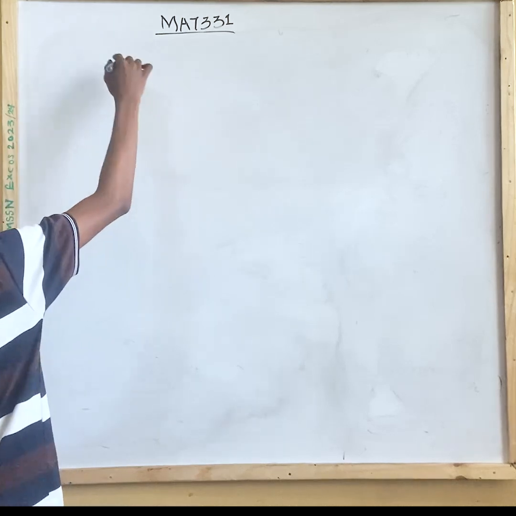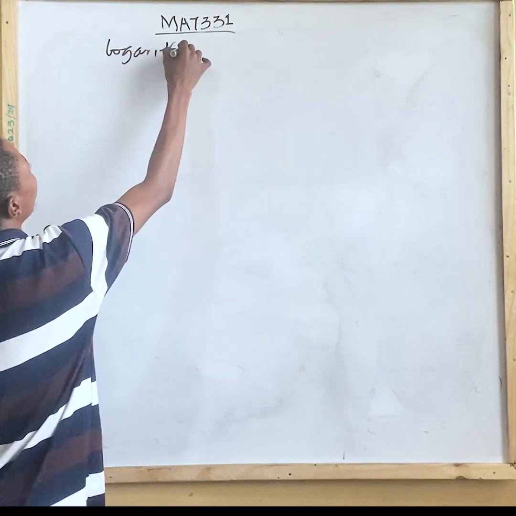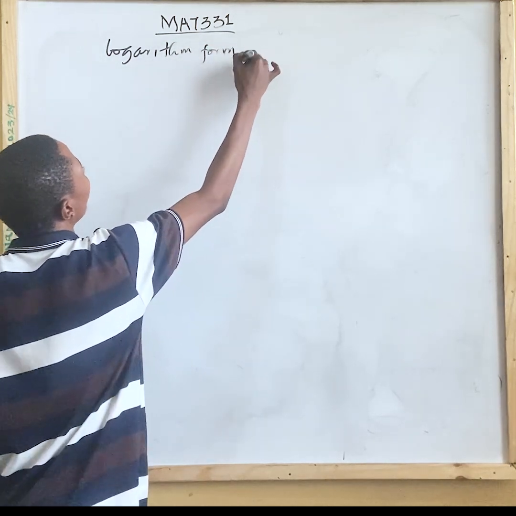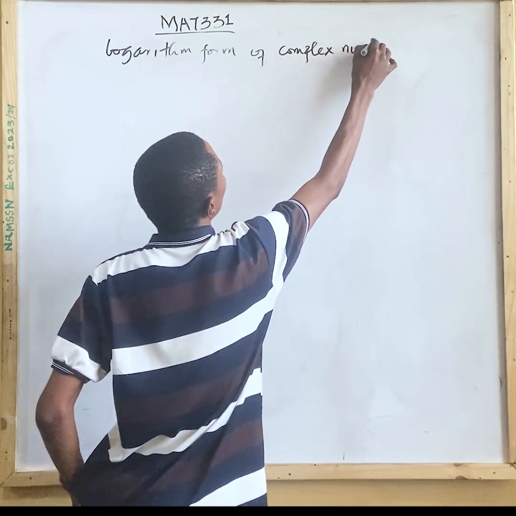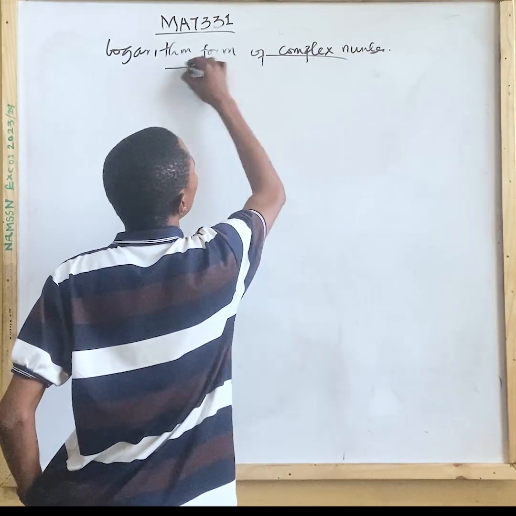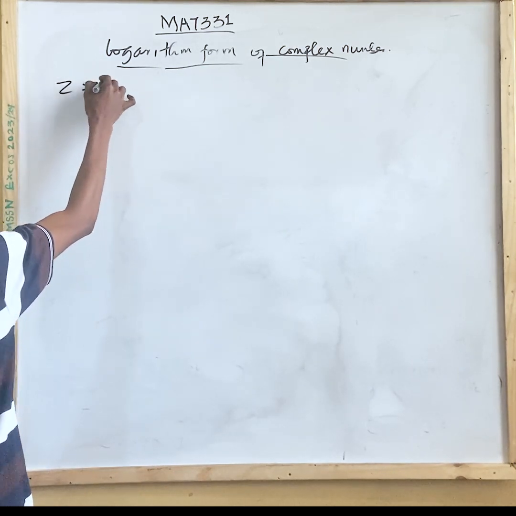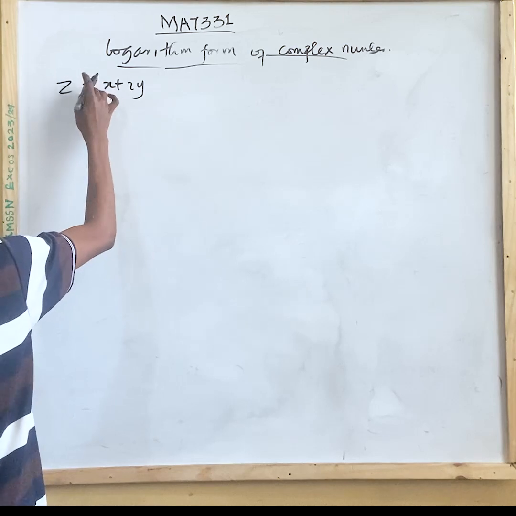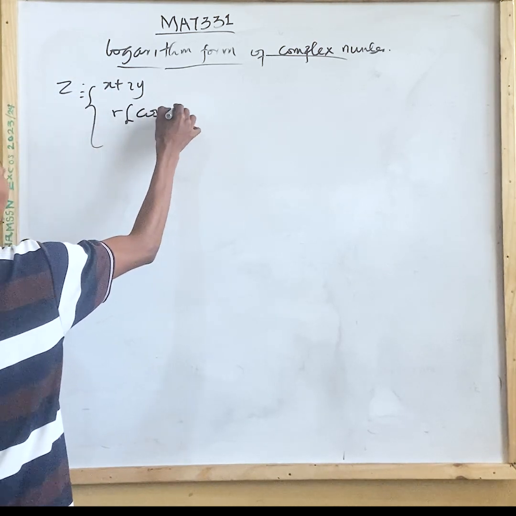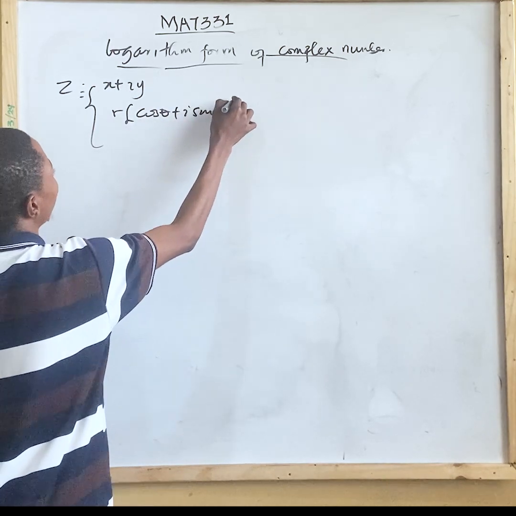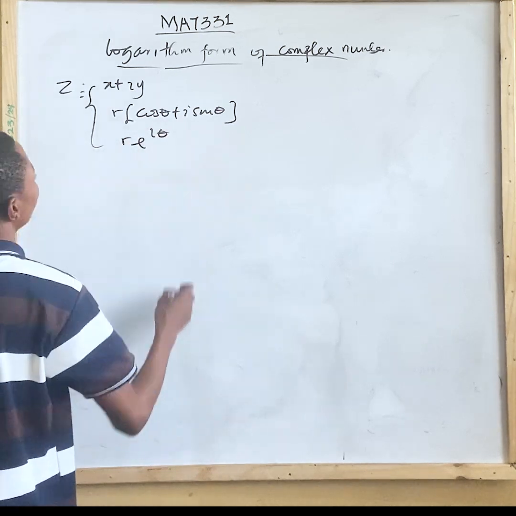The next thing we are talking about is the logarithm form of a complex number. Now we know that the complex number z equals x plus iy. It can also be expressed as r into cos theta plus i sin theta, as we said earlier, and it can also be expressed as r exponential i theta.